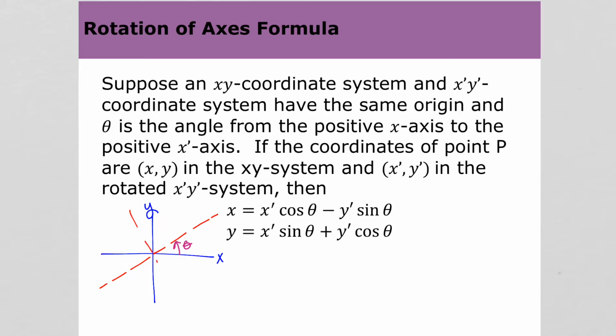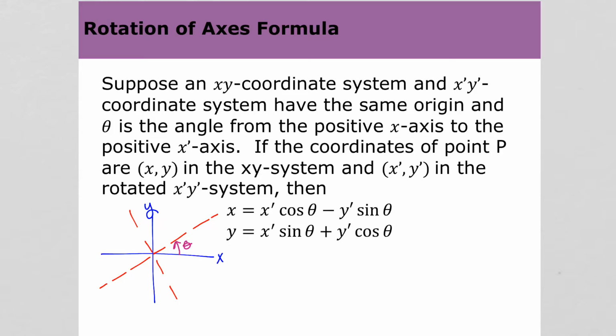And so is the y-axis, because they're both still perpendicular. So we're rotating the x and y axes to get a new coordinate system in order for our conics to not be along just the x and y axis.